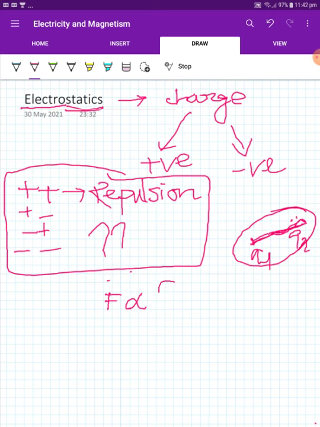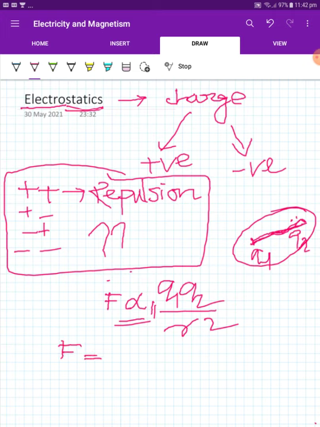That is, F is proportional to Q1 Q2 by R square. To remove this proportional sign we have to introduce a constant term there. So F is K into Q1 Q2 by R square.